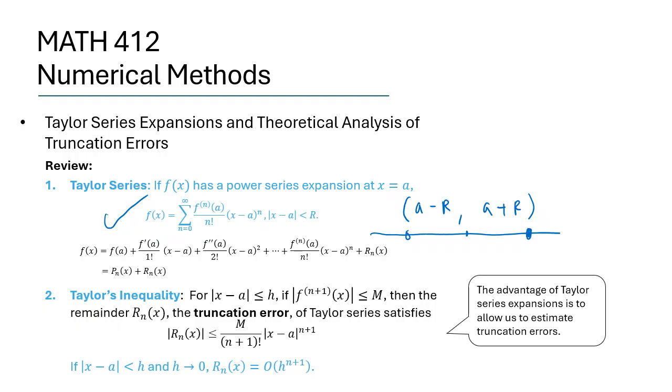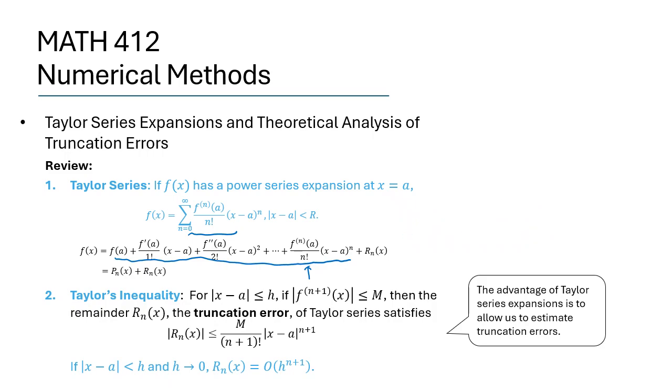Okay, so if we expand this function as an infinite series in summation notation, it looks this way. Now, given that we just expand to the n plus 1th term and stop here, because this is an infinite series, there are infinitely many other terms.